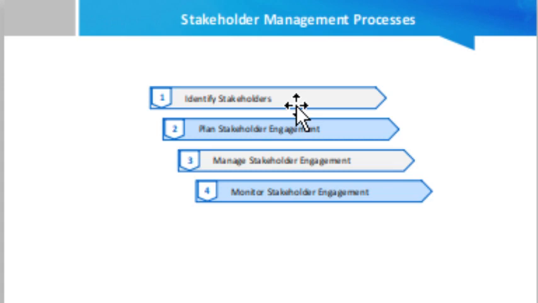The internal stakeholders are, for example, the project manager from your organization, the functional manager from your organization, the QA team, the operation manager, the implementation manager, etc. So these are the stakeholders from your internal side.